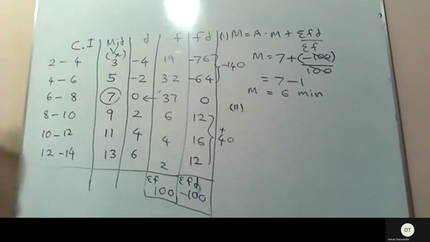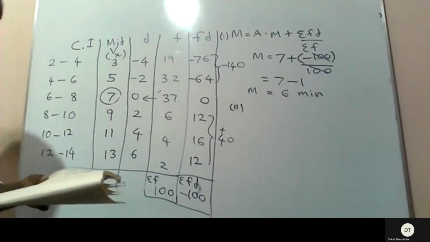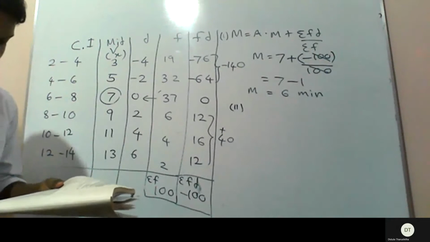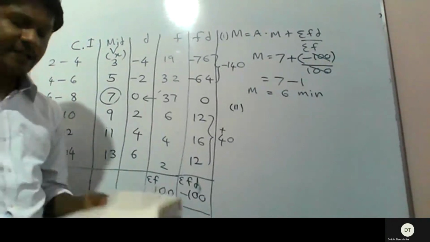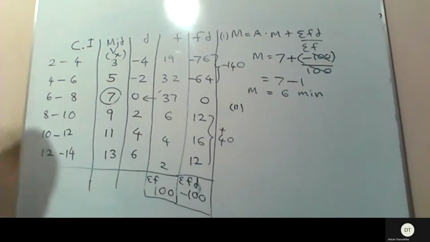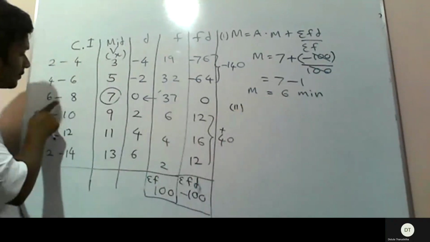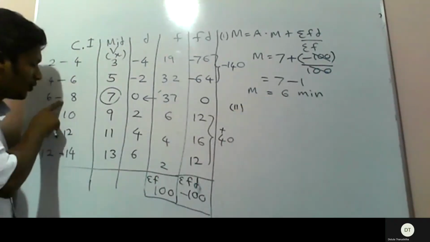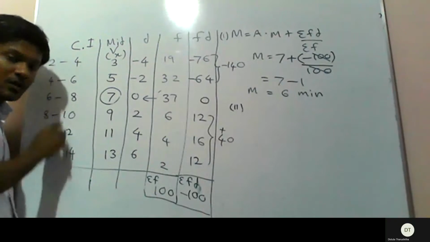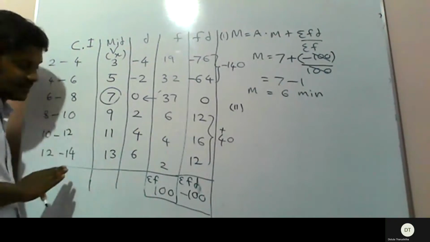Second one, find the percentage of the patients who were examined for more than the mean time. More than the mean time means more than 6 minutes. We can count these groups, 1, 2, 3, 4, all are more than 6 minutes.